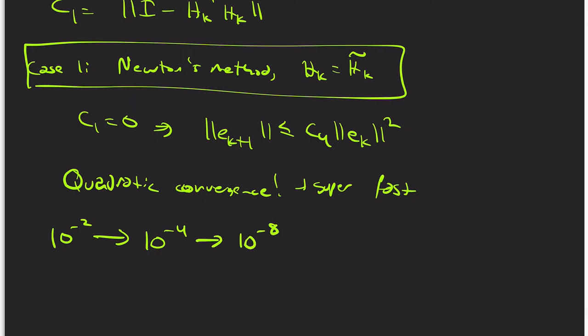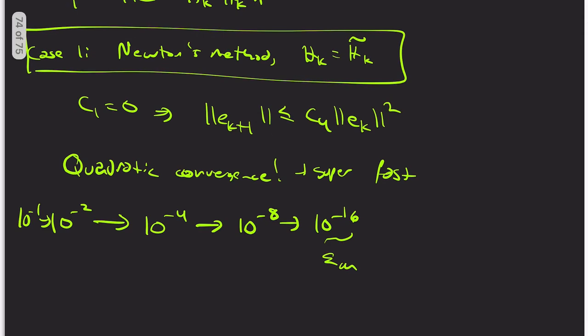But then on the next step, we get 10 to the minus 8th, 10 to the minus 16th, and so on. 10 to the minus 16th, that is machine epsilon, and so you're basically done at that point. So basically what this says is if you give me 1 digit of accuracy, I get to machine epsilon within 5 iterations, which is a big deal, right? That decreases your error like crazy fast.